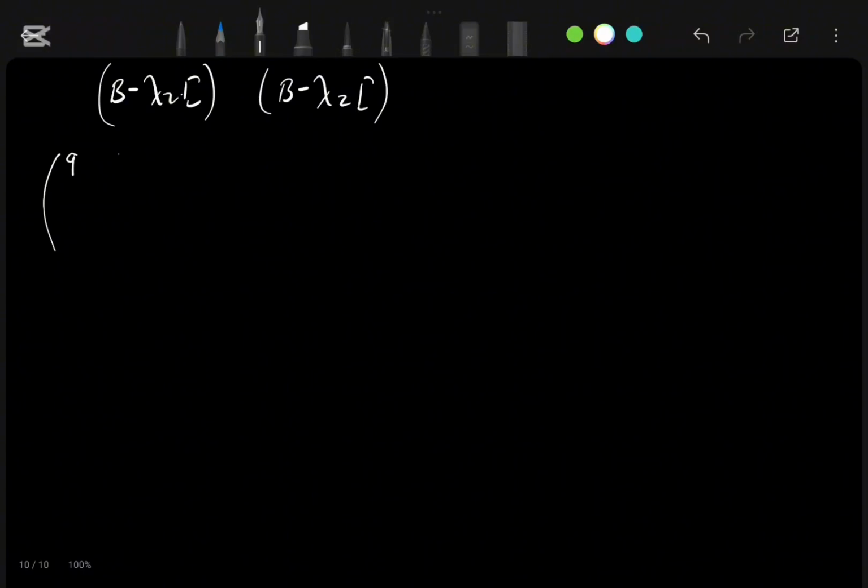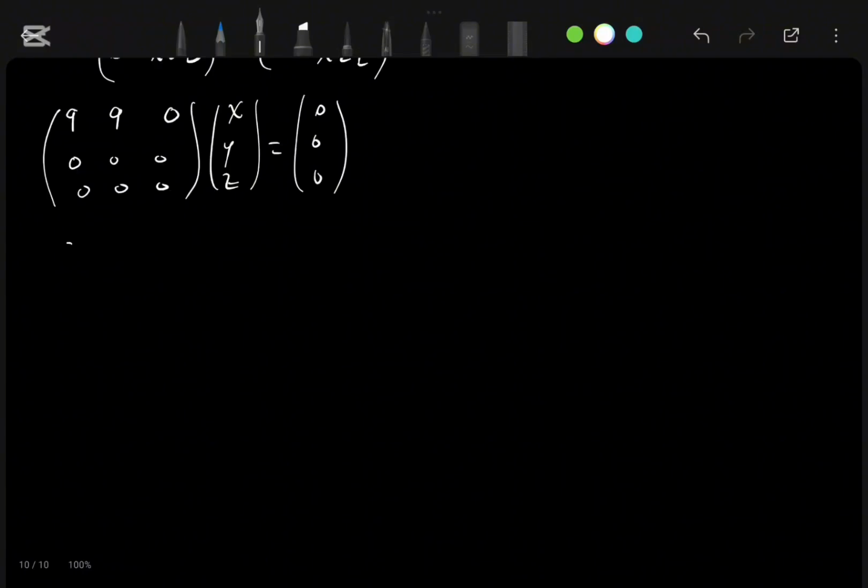This gives us 9, 9, 0, 0, 0, 0, 0, 0, 0, multiplied by x, y, and z, which gives us 0, 0, 0. So we have 9x plus 9y equal to 0. Multiplying through by 1 over 9, we have x plus y equal to 0, so x is equal to minus y.